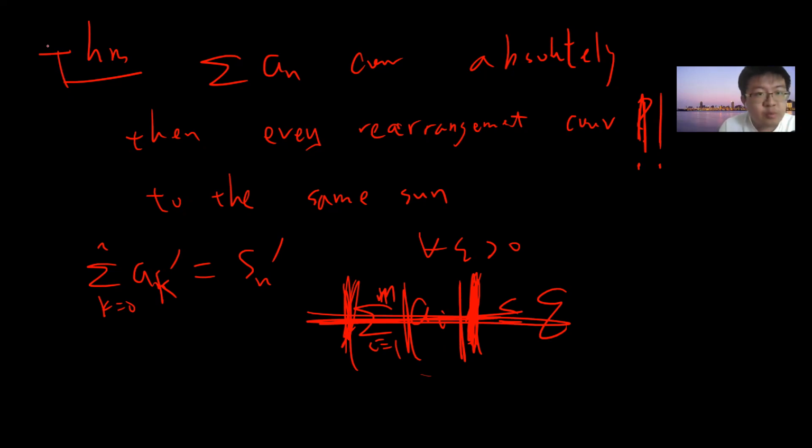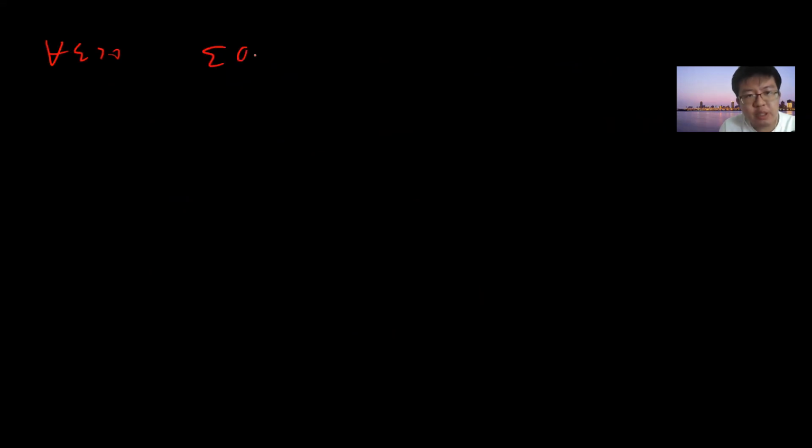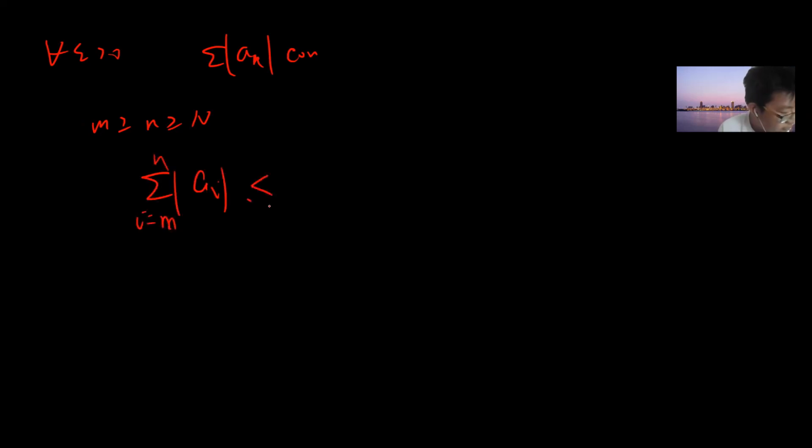Okay, so we know that the summation of a_n converges. So it means for epsilon greater than 0, for any m and n larger than some large N, you have this. Now let's say you have a rearrangement.